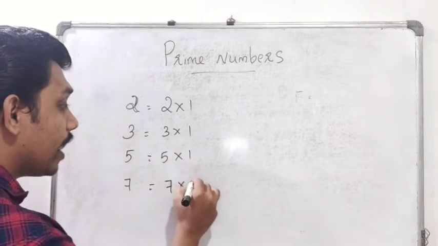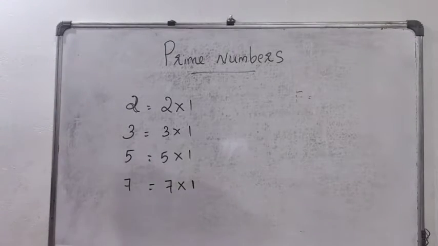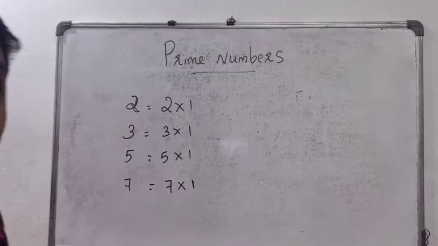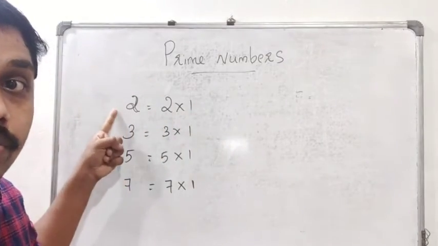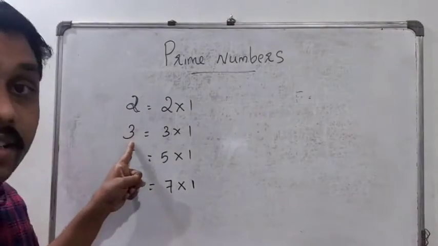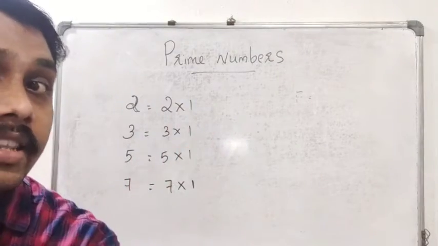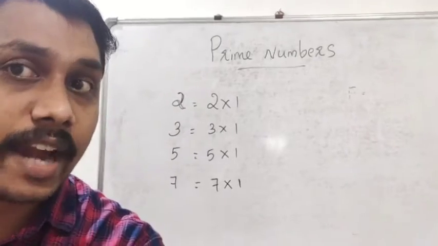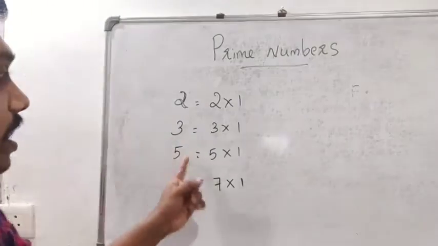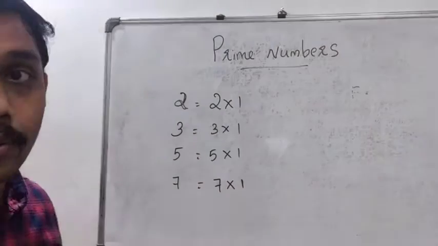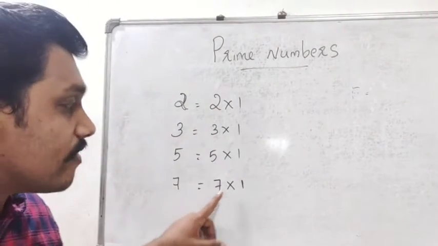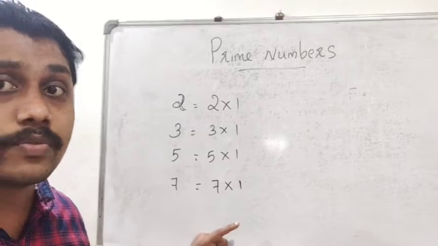So if we write a number like this, then we say that 2 and 1 are the factors of 2. And if we write 3 is equal to 3 into 1, then we say that 3 and 1 are the factors of 3. And also 5 and 1 are the factors of 5, and 7 and 1 are the factors of 7.